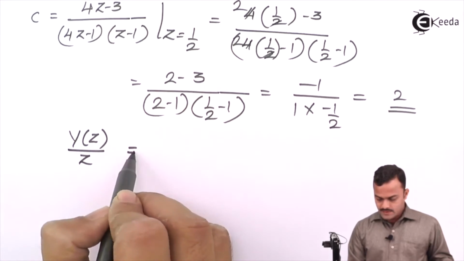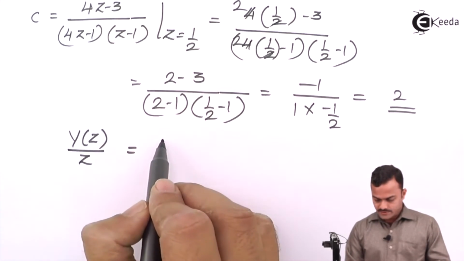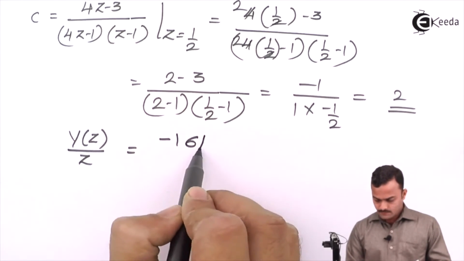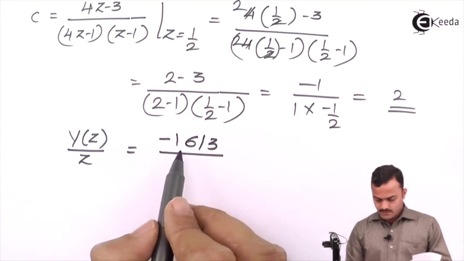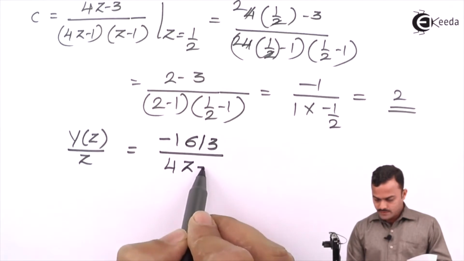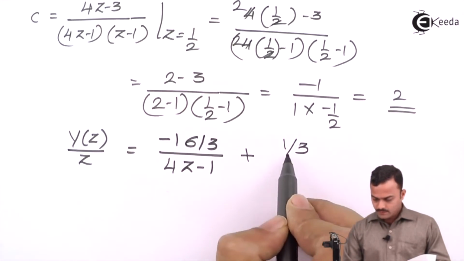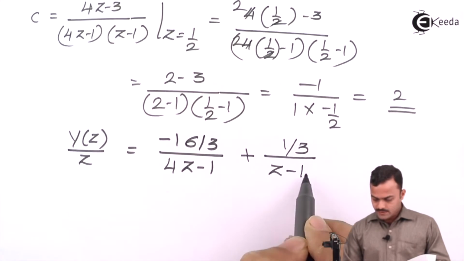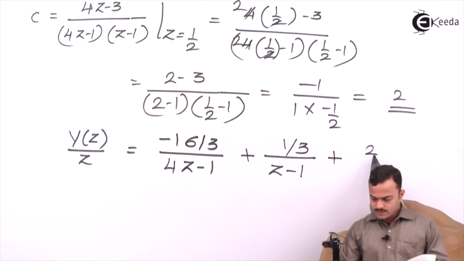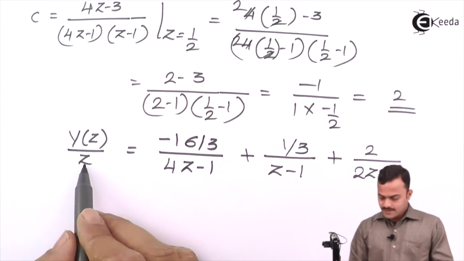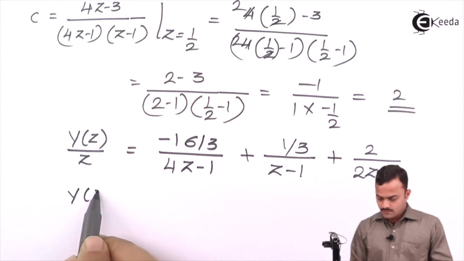So this I can write as Y of z divided by z, with A as minus 16 by 3 divided by 4z minus 1, B as 1 by 3 divided by z minus 1, and C as 2 divided by 2z minus 1. And now let's take the use of this z.